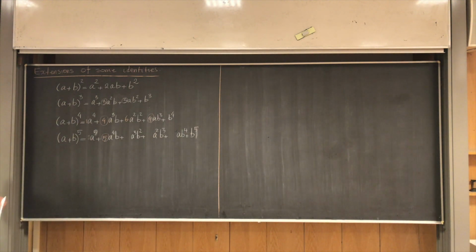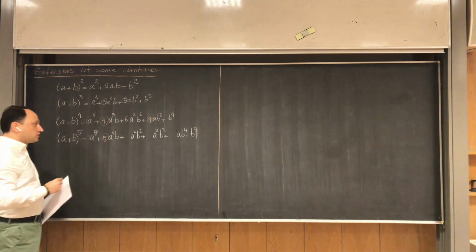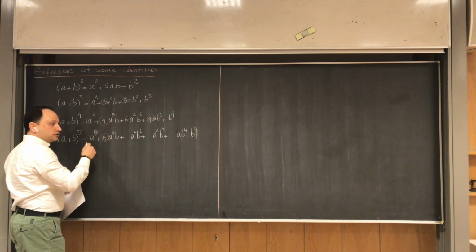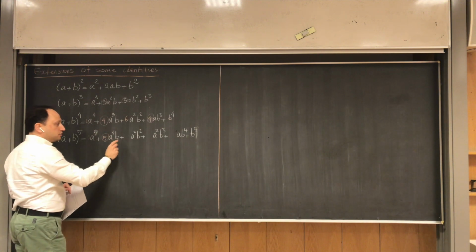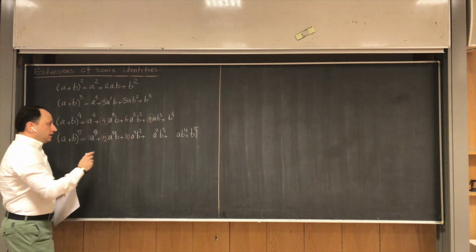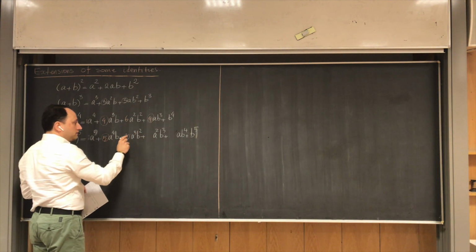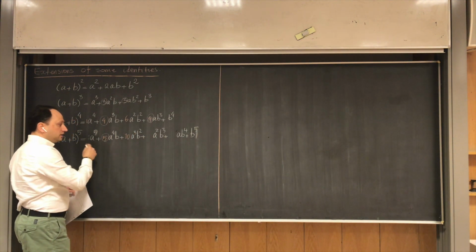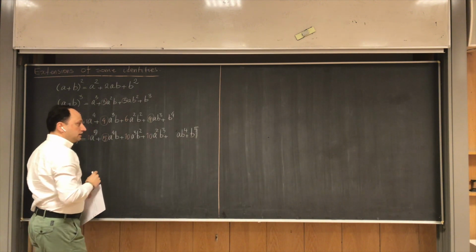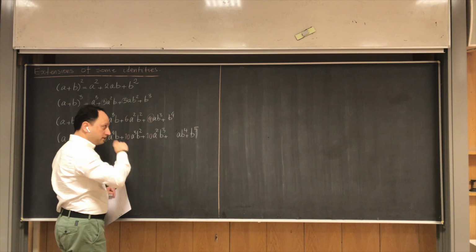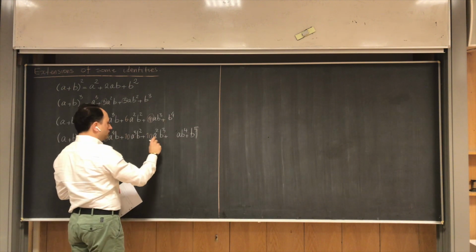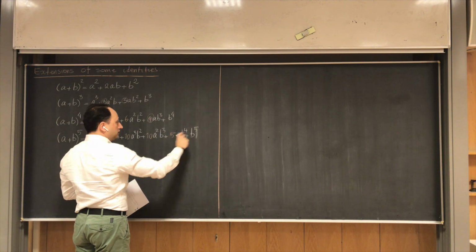The next one is 4 times 5 is 20, and then divided by 2, so it becomes 10. And then the next one, 3 times 10 is 30, divided by 3 is 10 again. And then 2 times 10 is 20, divided by how many terms? 1, 2, 3, 4. So it becomes 5. And then finally, that's 1.